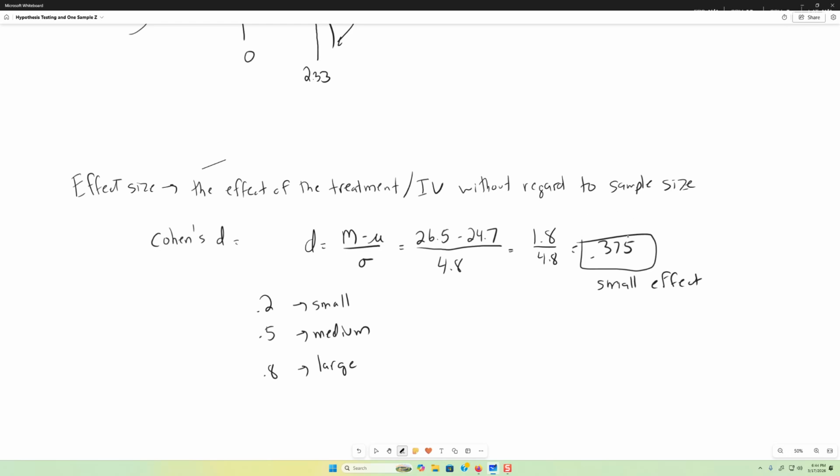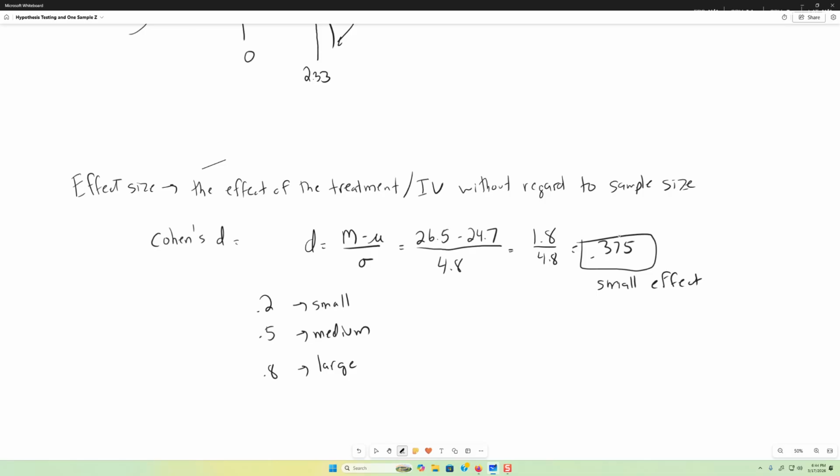So this is the effect of the treatment regardless of the sample size, ignoring the sample size. That's important because you can have significant results with very small effect sizes, and so it's not a very powerful manipulation. It's not an impressive result. This is small to medium, so it's okay. It's not terrible.